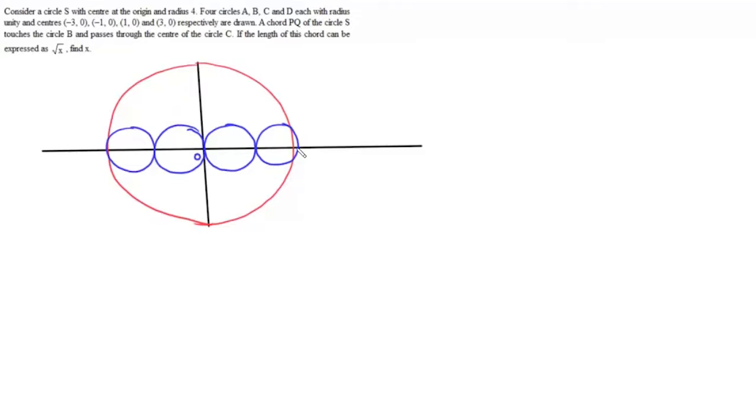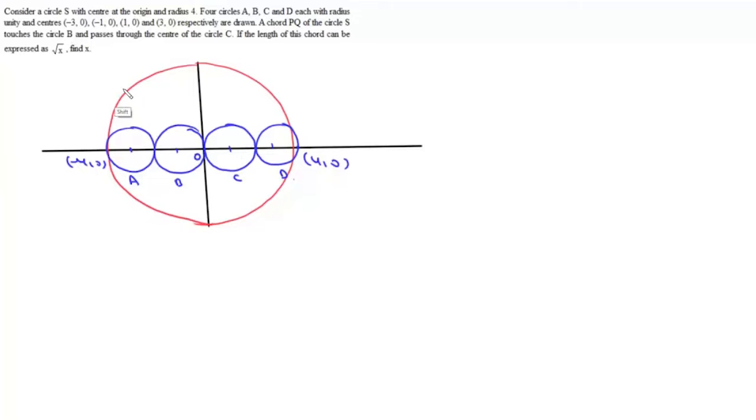So that's your origin, and this point is 4, 0, this is minus 4, 0, and these centers are at minus 3, minus 1, 1 and 3. Now suppose this is A, B, C and D. Now it says there is a chord PQ of the circle S which touches this circle B and passes through the center of this circle C.